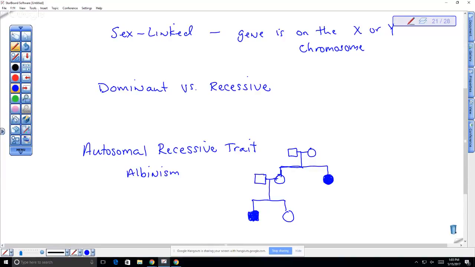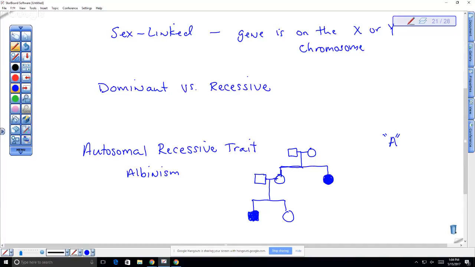This is his aunt, right? These are the individuals that have albinism, right? It's an autosomal recessive trait. So what we know is that it's caused by the recessive allele. So we could give this gene any letter we wanted to, but we could just give it A for albinism, right? So this is the gene A, and I do this on all my genetics problems.